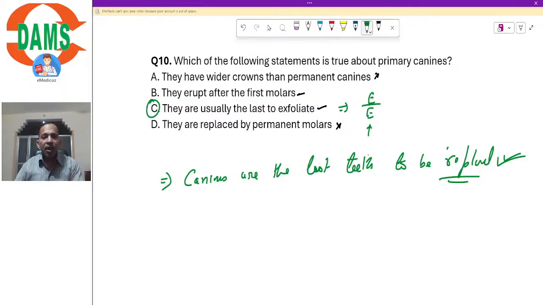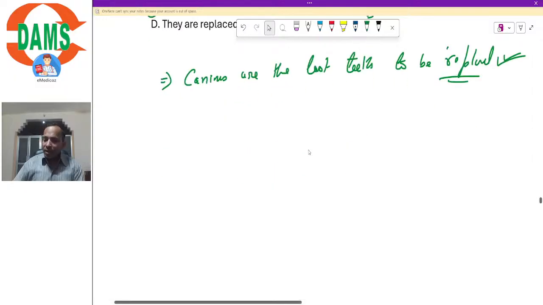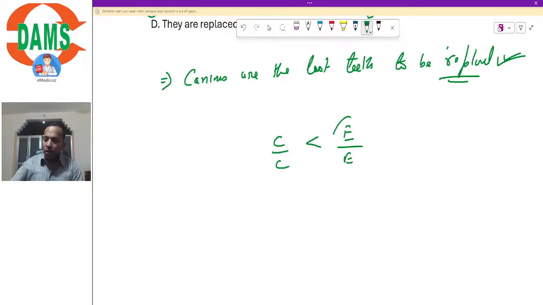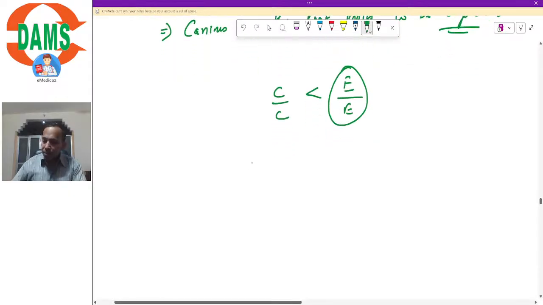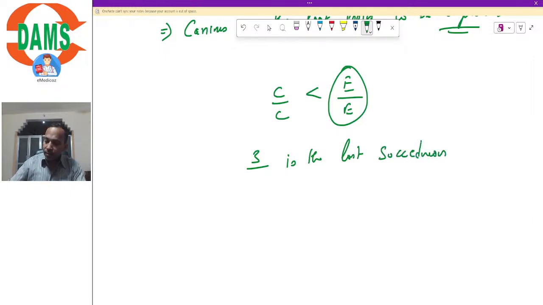What it means is that though the second molars exfoliate after primary canines, the permanent maxillary canine is the last succedaneous tooth to erupt, isn't it?